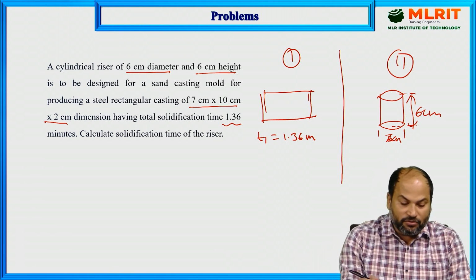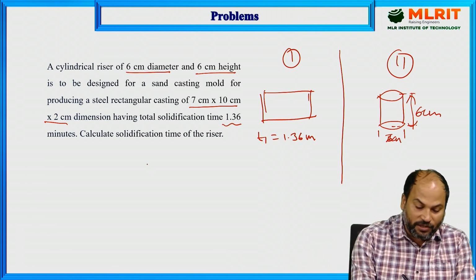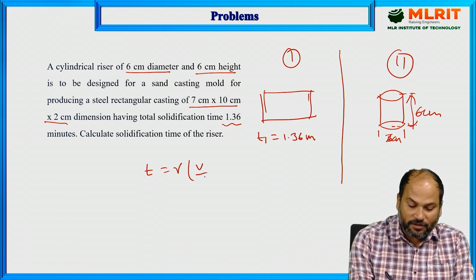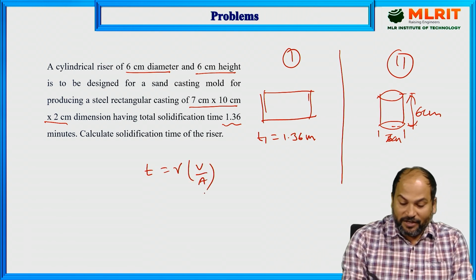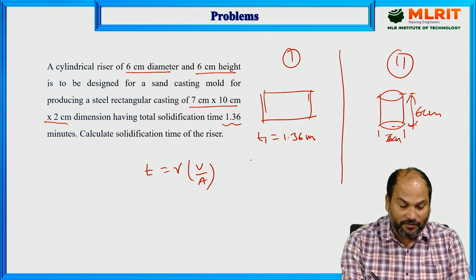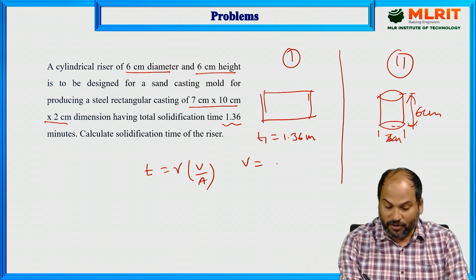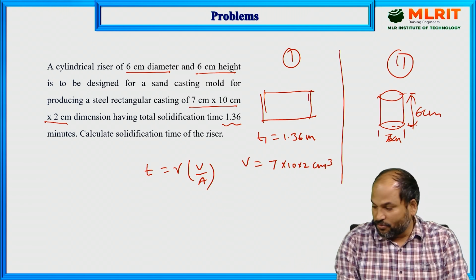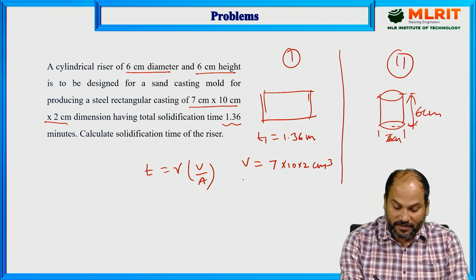So how will we solve this numerical? We already know the solidification time formula is gamma times volume upon surface area. What will be the volume of this cuboid? All the dimensions are given, so we know the volume. We can write volume of this cuboid, V is equal to 7 into 10 into 2 centimeter cube. So simple. What will be the surface area of this one?